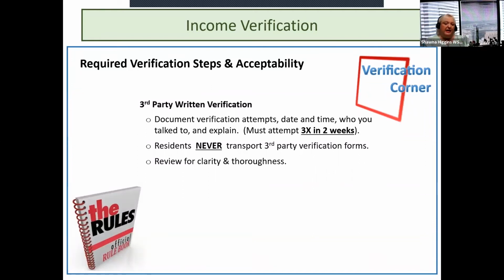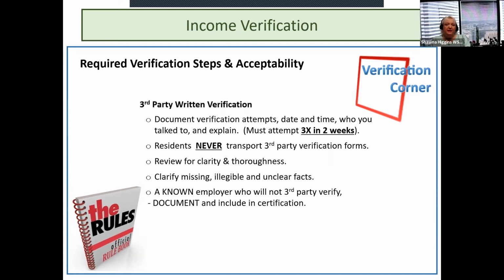If you need to get anything clarified, please use the income verification clarification by telephone. That way it explains everything to us, who you talked to, what the answers were. You want to clarify anything missing, illegible, or unclear. Again, if you have a question about it, you've got to think we're going to have one too, or the next person who may be looking at that file.